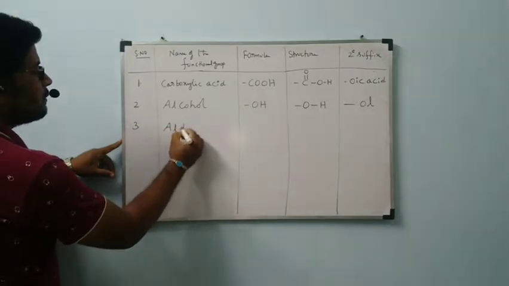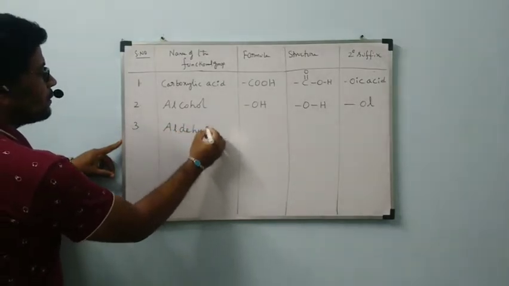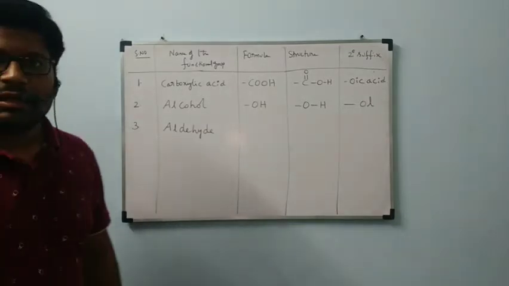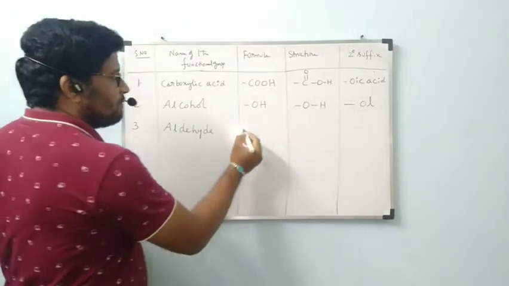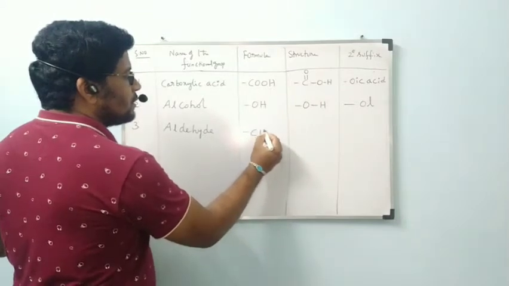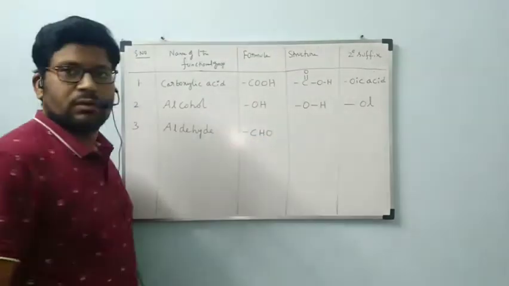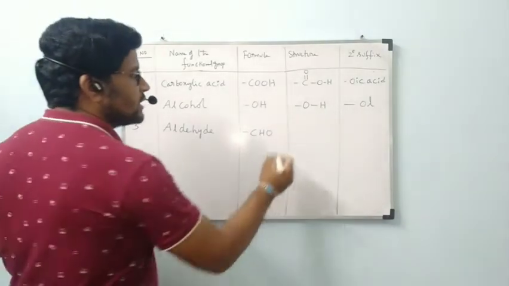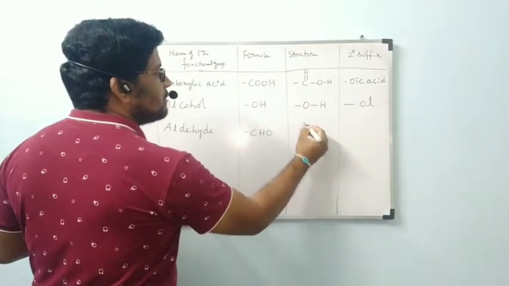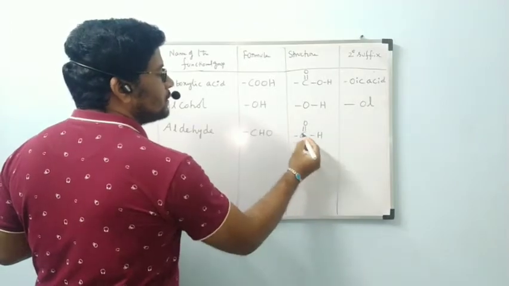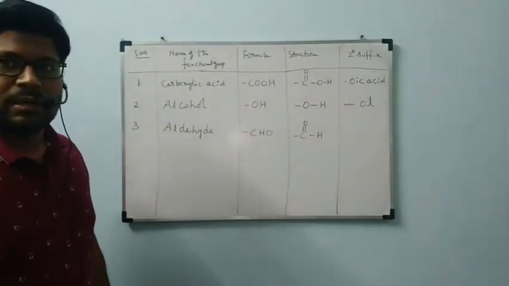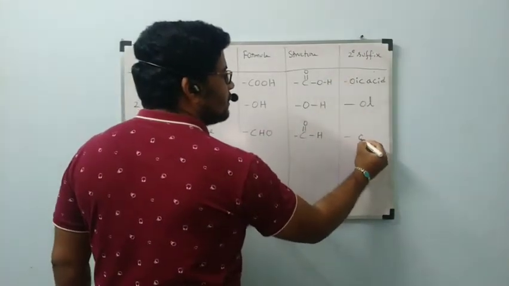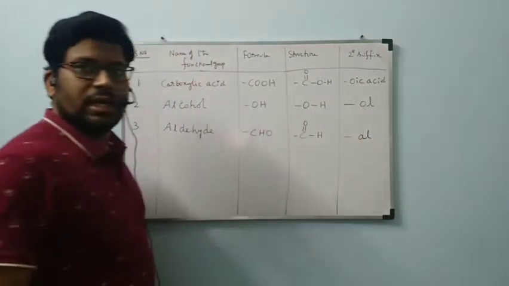Next, third one, aldehyde. A-L-D-E-H-Y-D-E, aldehyde. Formula CHO. Structure C double bond OH. Secondary suffix al, A-L.